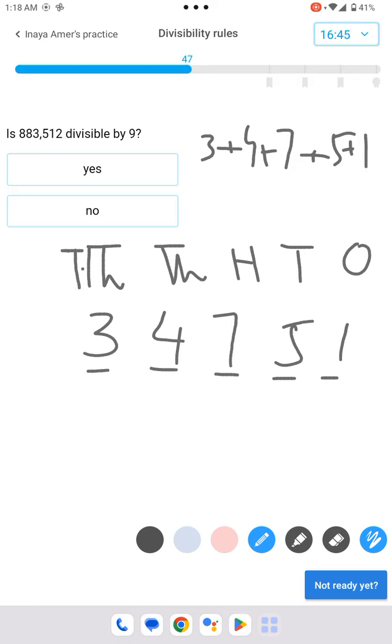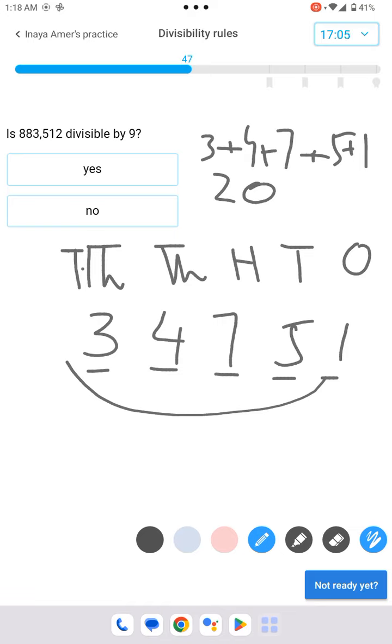If the answer can be divisible by 3, then this whole number would be divisible by 3. It would be 7 plus 5 is 12, and 1 is 13, and 3 is 16, and 4 is 20. So your answer is 20. No, 20 can't be divided by 3. So this whole number can't be divided by 3.